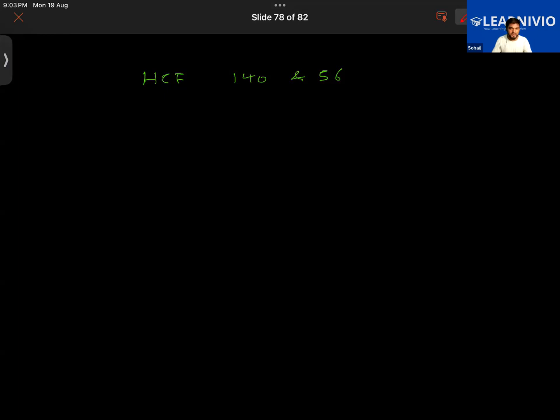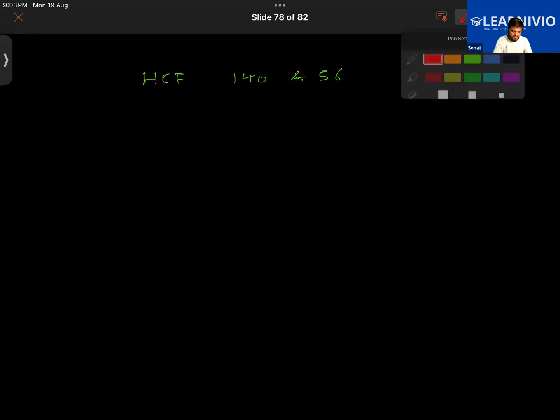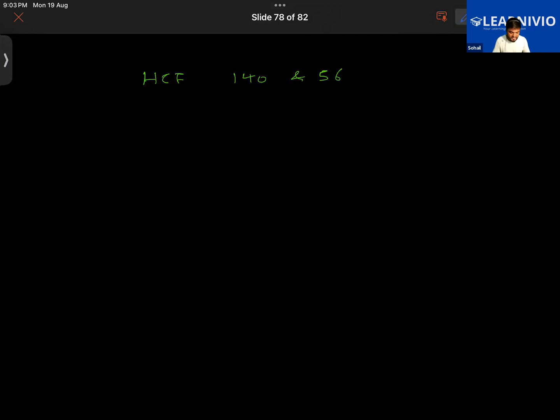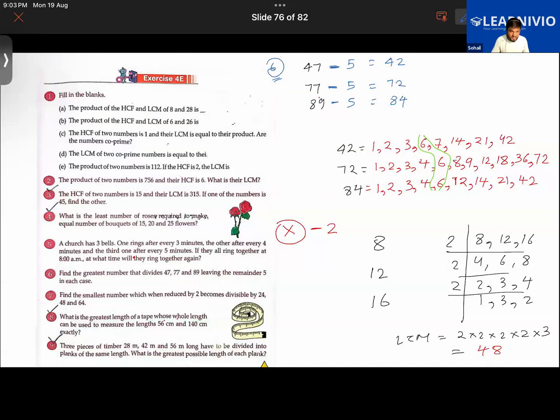That is good. So using a tape of length 28 centimeter, we can completely measure these two lengths. Okay. So once again, let us understand the language of the question. The question says, what is the greatest length of a tape whose whole length can be used in order to measure the length of 56 centimeter.